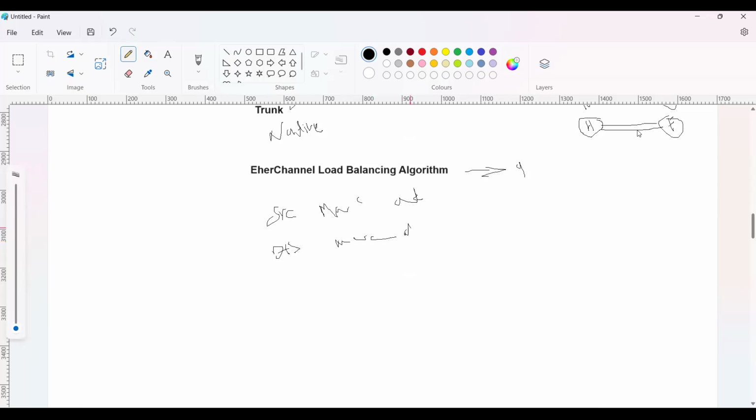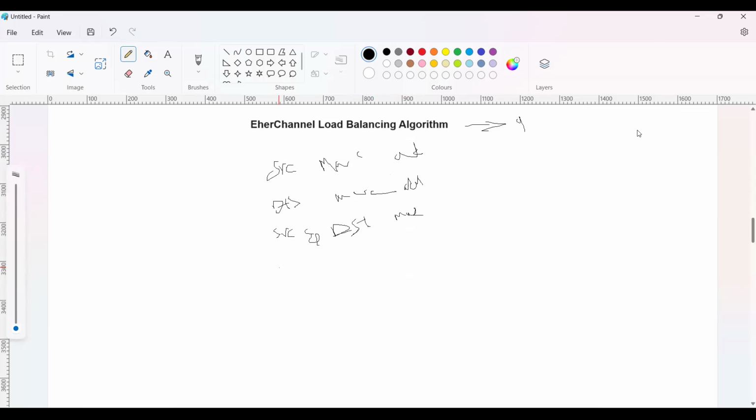Then source and destination MAC address algorithm. And source IP address, destination IP address.